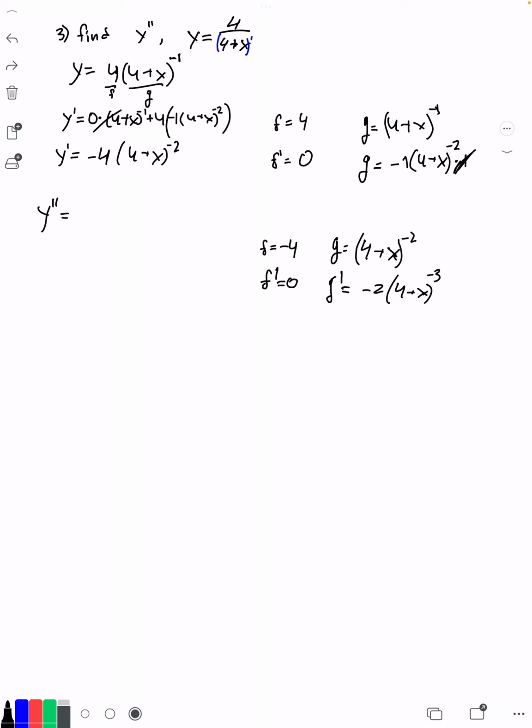The power becomes smaller by 1, multiplied by 1, which is the derivative of x. You can delete it.